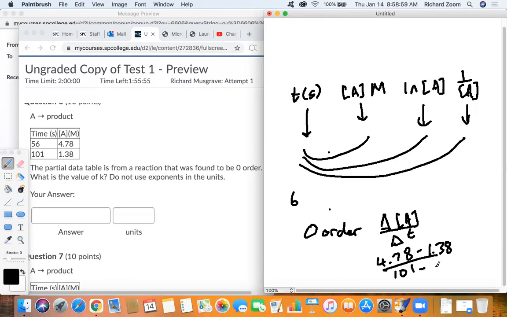Is that right? No, 56 minus 101. There we go. And that's going to give you a negative value.